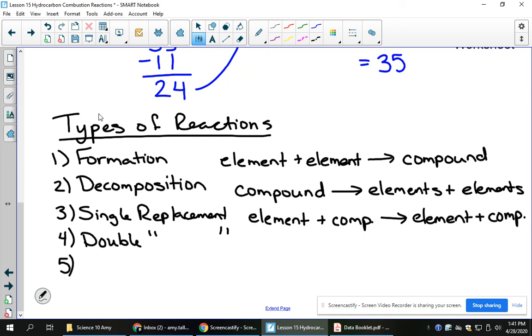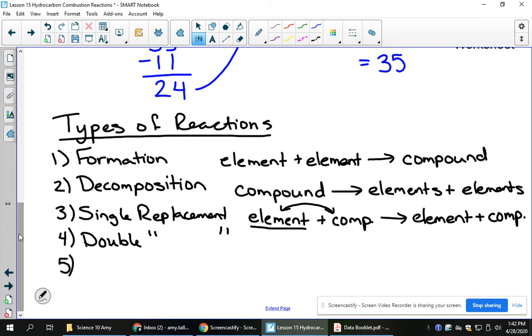Now, what you would have noticed is that whatever this element was, whether it was a metal or a nonmetal, it switched places with its counterpart in the compound. So let's say this element was a metal. It would have switched places with the first element in the compound because it was also a metal. Same thing if it's a nonmetal, it would then just have switched with the second element, a nonmetal.